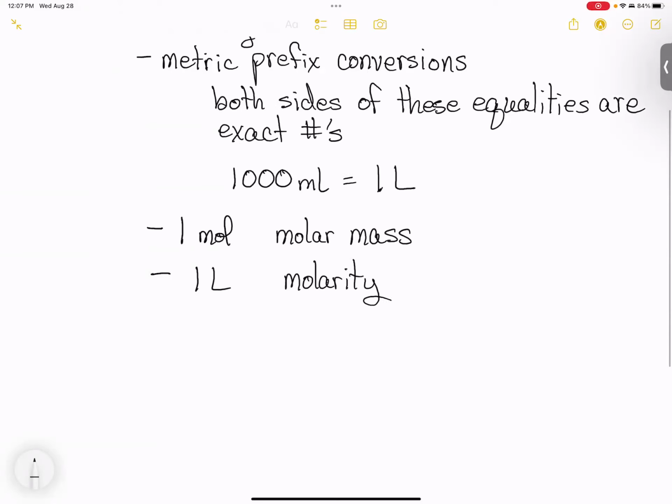And then finally, mole to mole ratios. These are examples of values that are going to have an unlimited number of significant digits.